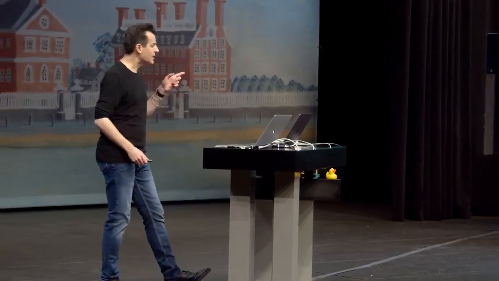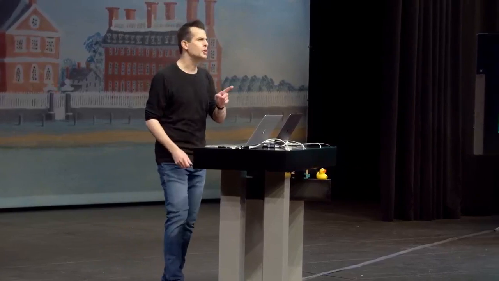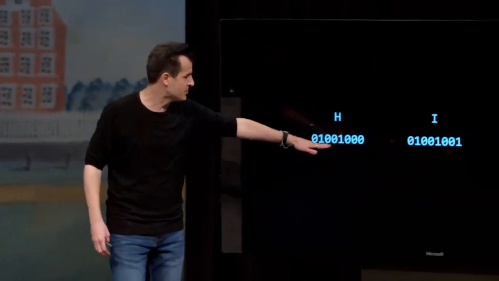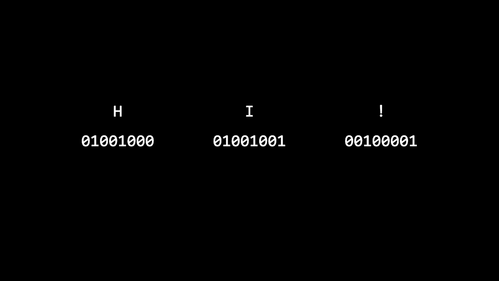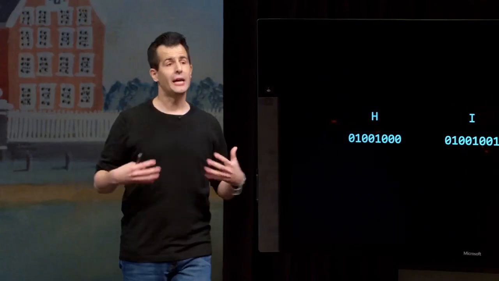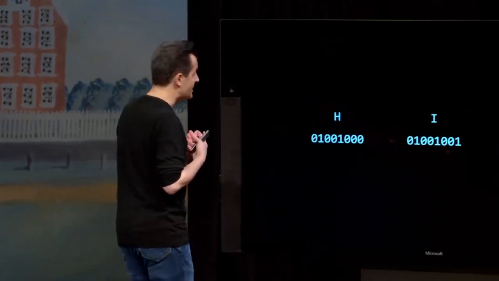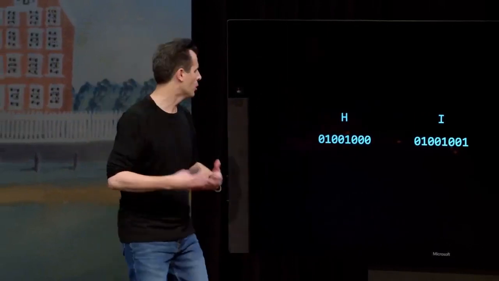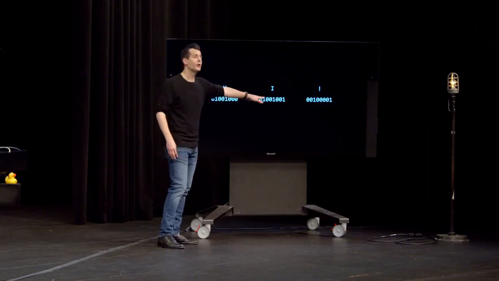But it turns out, too, that we should consider just how many zeros and ones we're using now to represent the 72, the 73, and the 33. So let's look for one last time at the binary representation, which, as per the light bulbs, are these patterns of bits here. So when you receive a text message from a friend saying, hi, HI exclamation point in all caps, you're technically receiving a pattern of bits, some kind of frequency if it's wireless, that represents this pattern of bits.